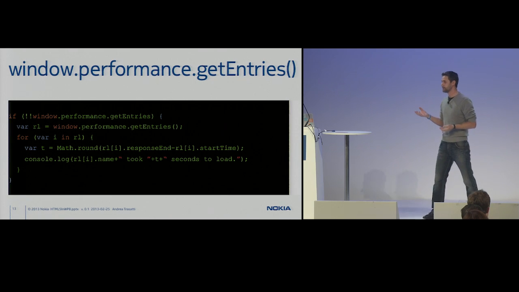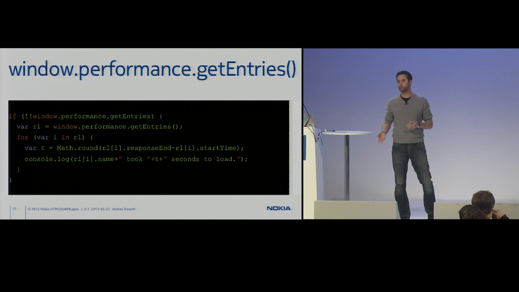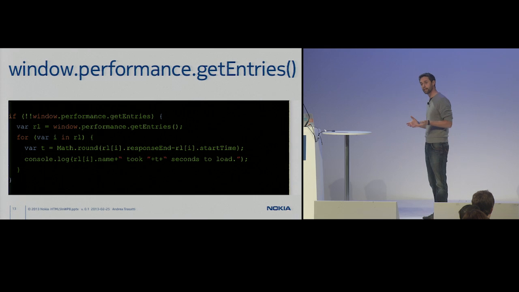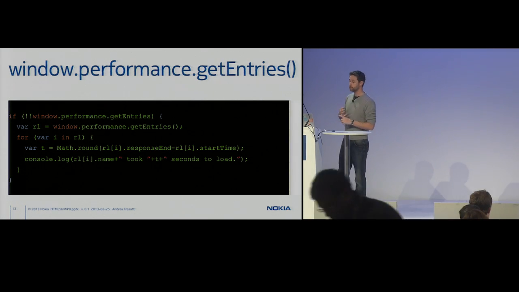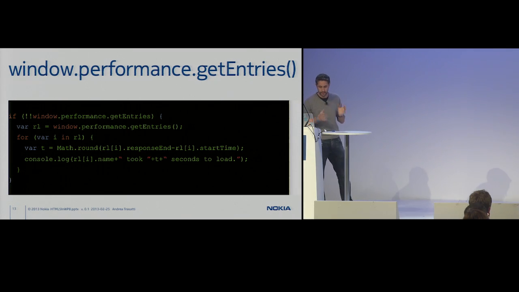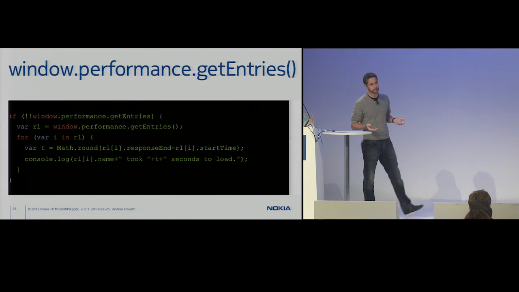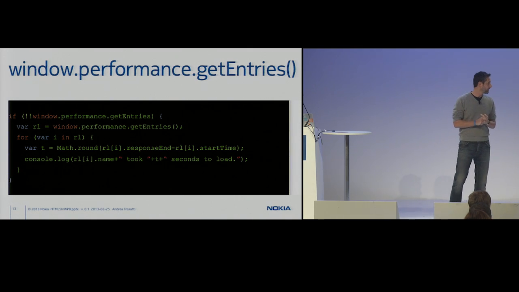Let's say that you have a Facebook button or you have some service that is loading, for example, images that might be private to the user. You will not have access to that information. You will know that a file was loaded, how long it took, but you will not know what file that was. So you need to pay attention to that when you're trying to build some statistics or analytics, for example, on how long it took to load your page.